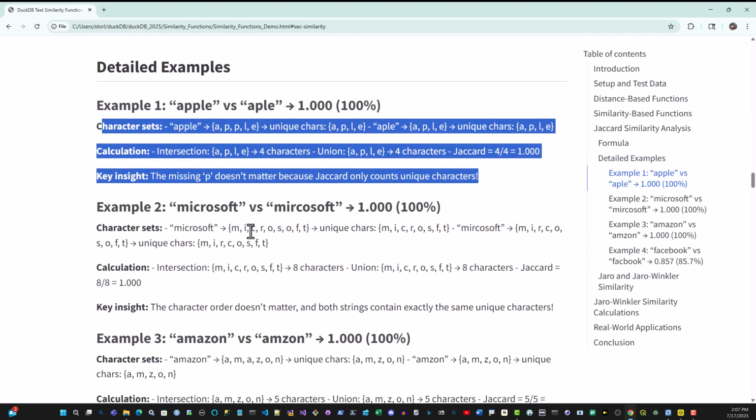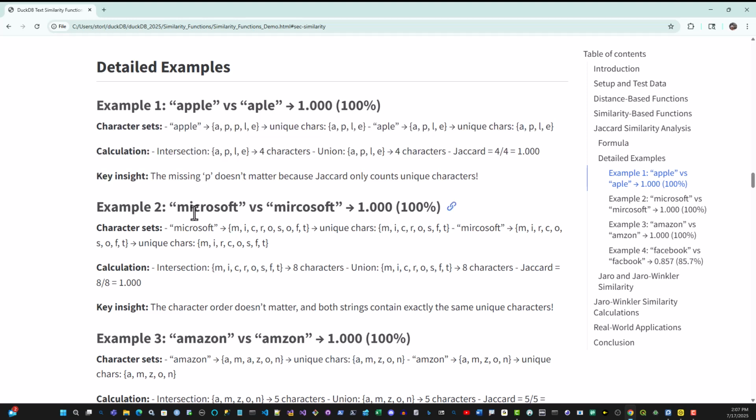So what about Microsoft versus Microsoft? If you look at the letters here, the intersection is M, I, C, R, O, S, F, T, so that's 8 characters. And the union is the same, because the characters in this word and the characters in this word are the same.